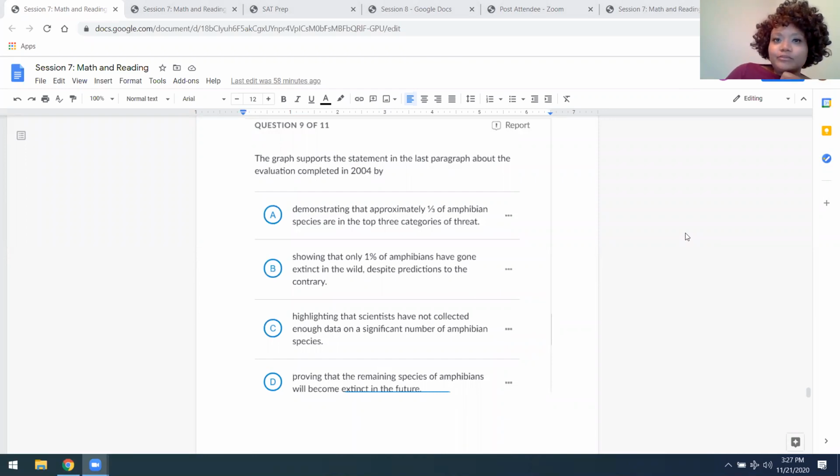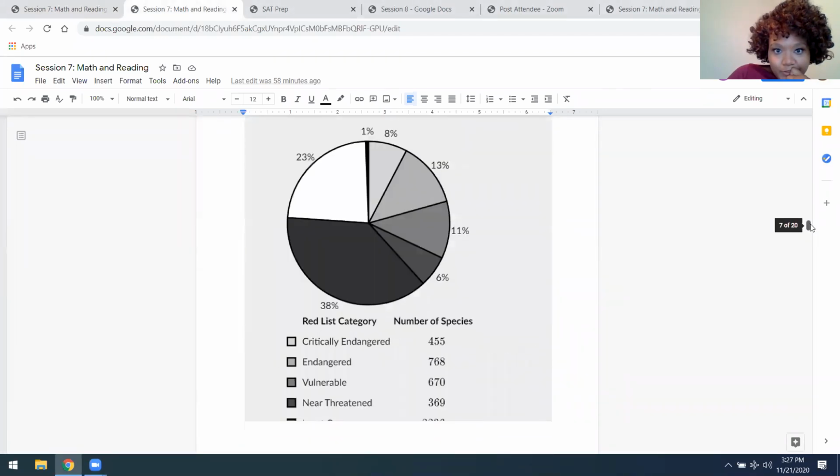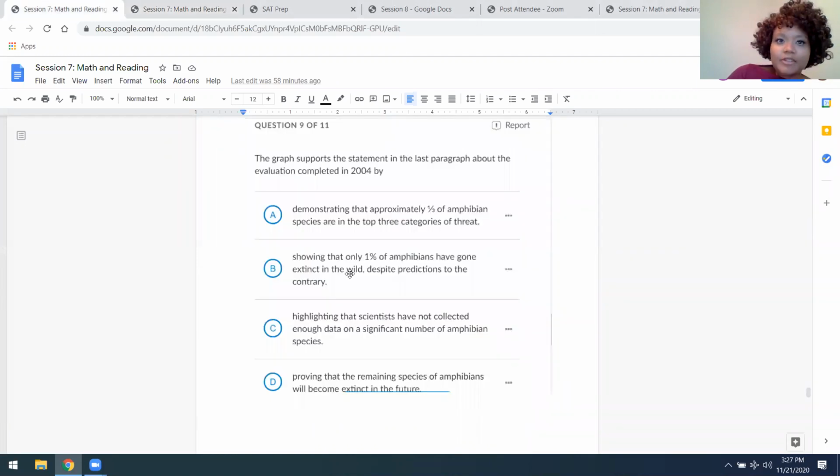So that's the graph. What does the question say? The graph supports a statement in the last paragraph about the evaluation completed in 2004.